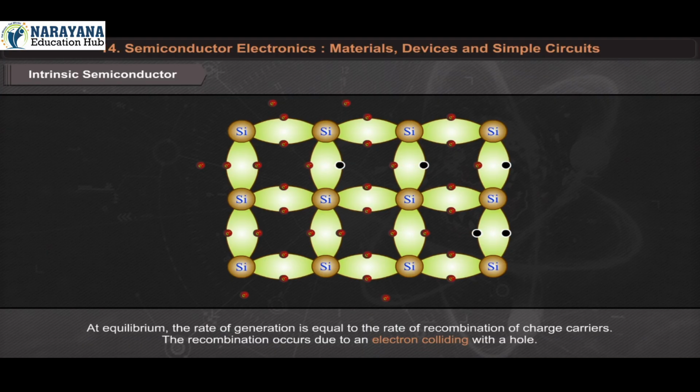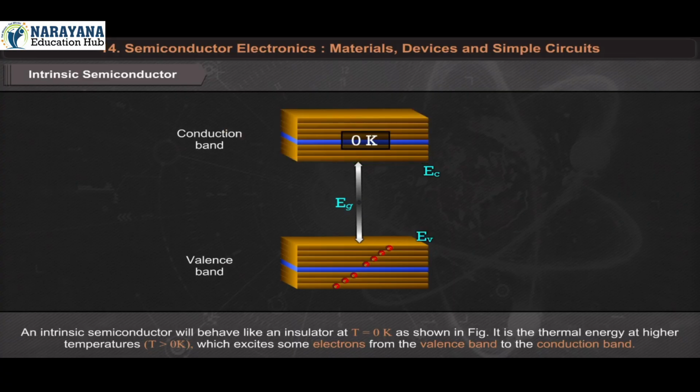The recombination occurs due to an electron colliding with a hole. An intrinsic semiconductor will behave like an insulator at T = 0 Kelvin, as shown in the figure. It is the thermal energy at higher temperatures, that is T greater than 0 Kelvin, which excites some electrons from the valence band to the conduction band.